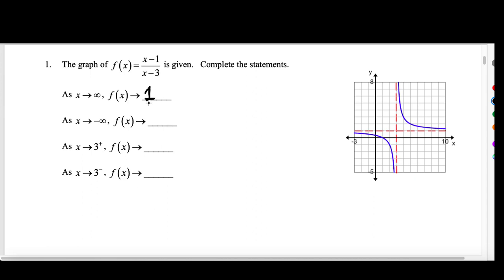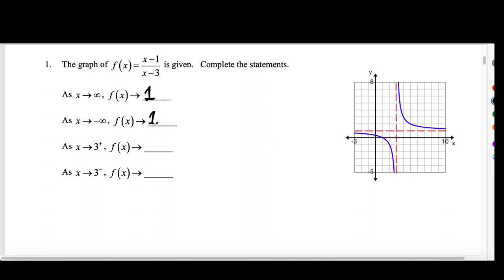Similarly here, as x goes to negative infinity, we see that as x gets smaller and smaller without bound, the graph again approaches the horizontal dotted line. Again, we say that it approaches the number 1.